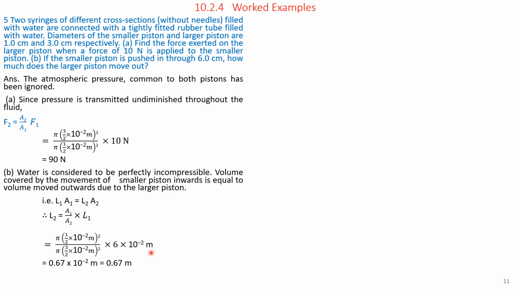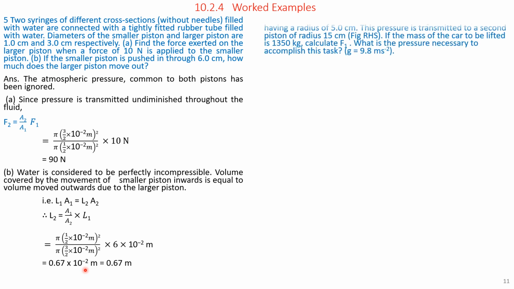Simplifying, we get L2 is equal to 0.67 into 10 to the power of minus 2 meters, that is equal to 0.67 centimeters.